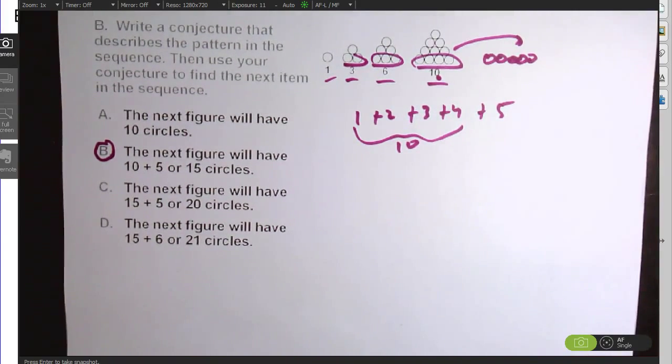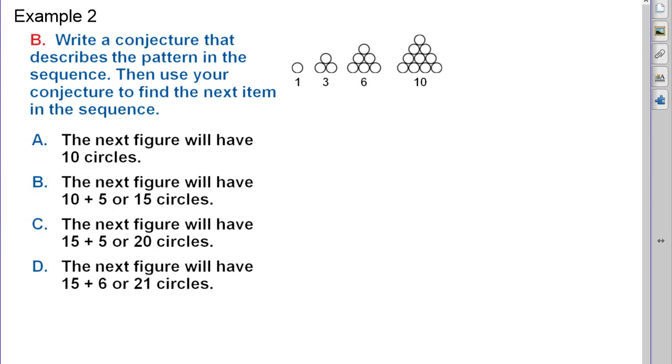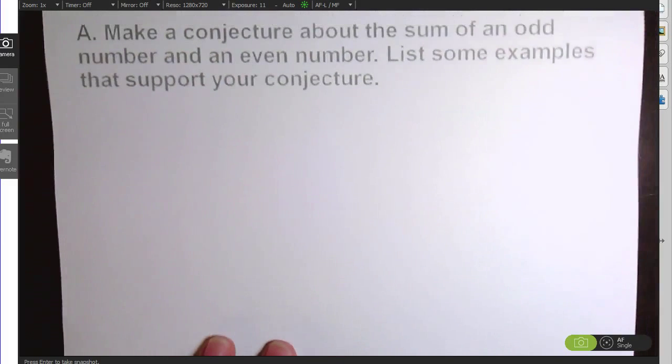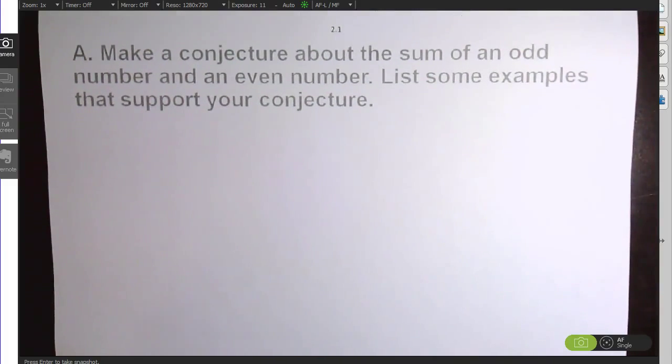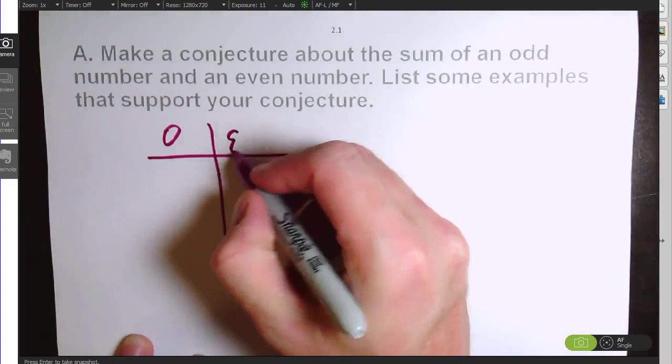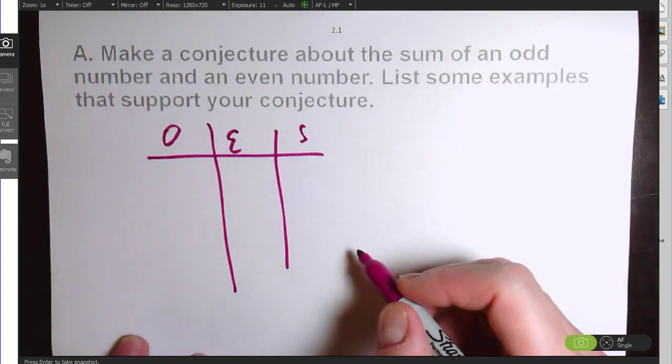Okay, all right, another quick example. Make a conjecture about the sum of an odd number and an even number. List some examples that support your conclusion. So the first thing we would do here is just pick an odd and an even. I'm going to say O for odd, E for even, and then S for sum.